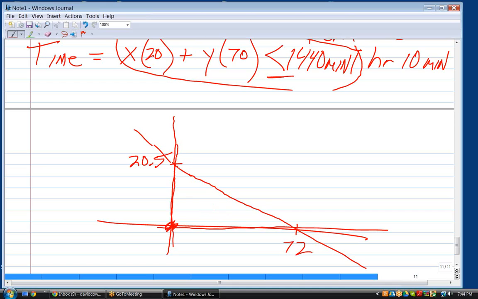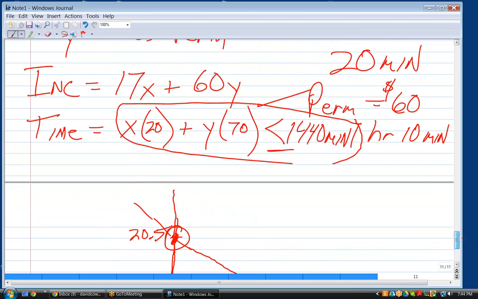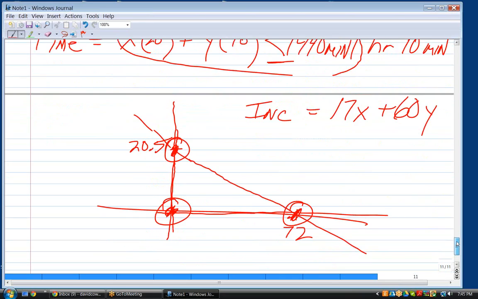Well, we're going to figure out what income is based on these three points, and we know that the maximum income has to come at one of those vertices. It's almost never the origin, because if you make 0 haircuts and 0 permanents, you don't make any money at all. So we need to check the other two points in the income formula, and whichever produces the biggest is our answer.